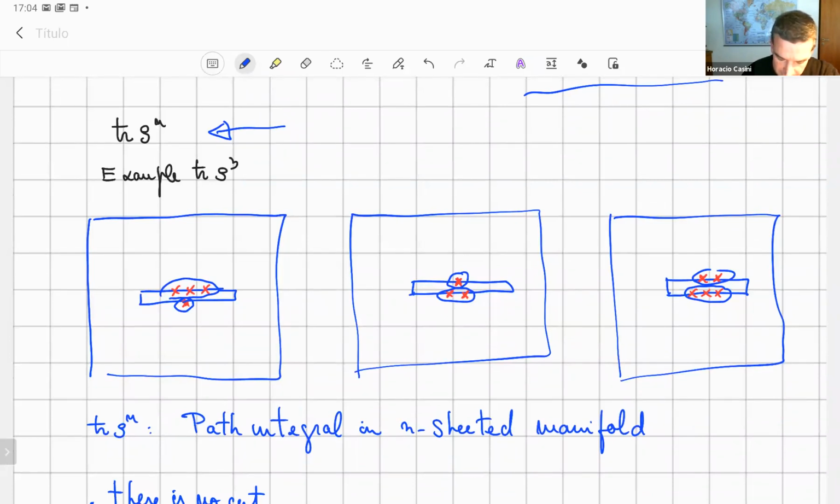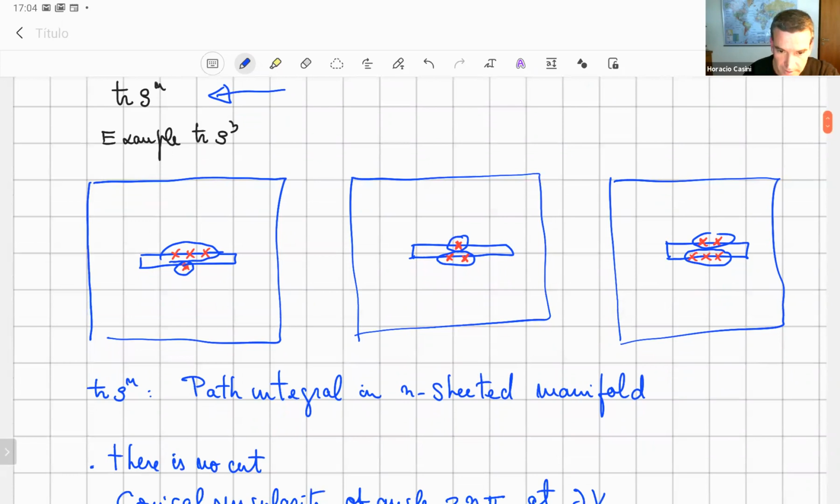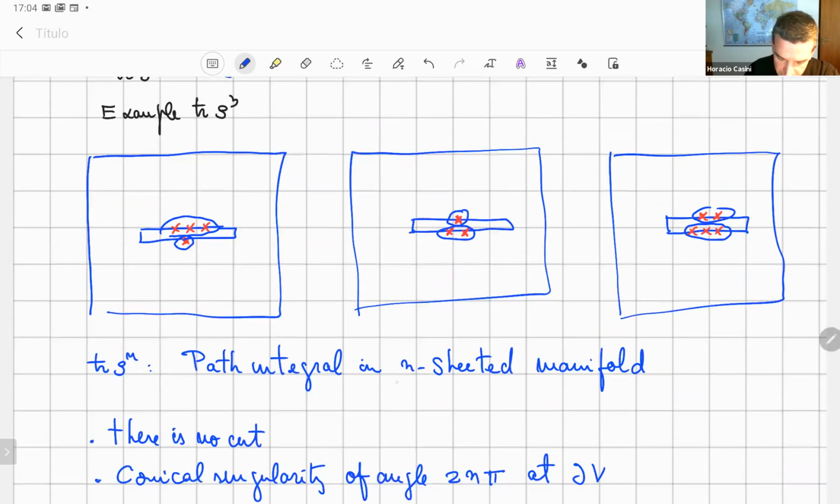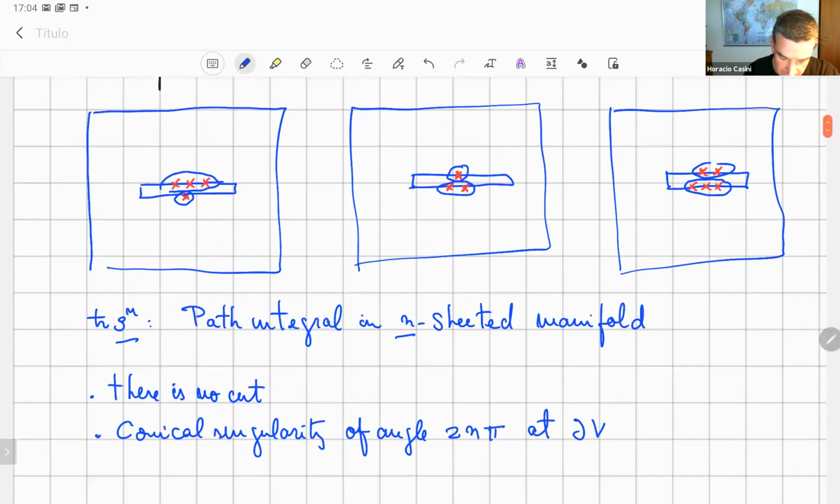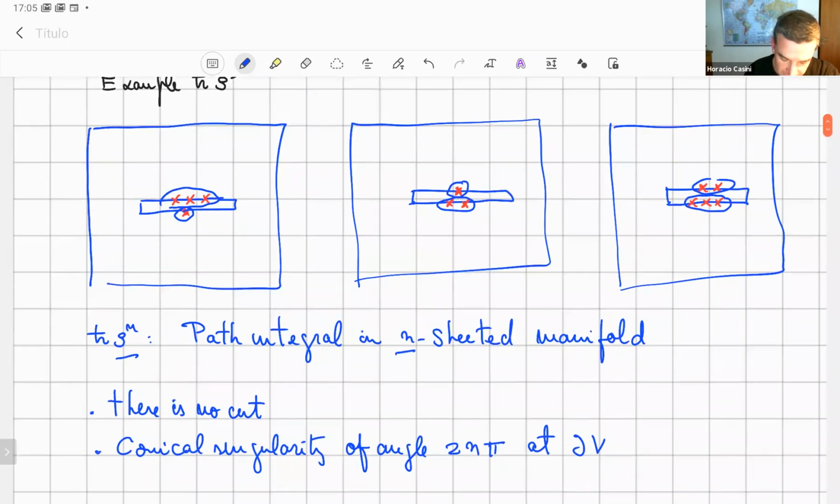So the path integral is over an n-sheeted manifold, where n is the power of the density matrix, which has some identifications along the cut over the region V. The first thing on this geometry is that there is no cut. There is no real cut.